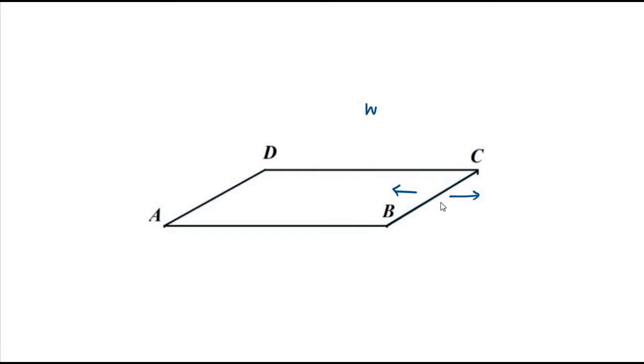This wire ABCD, with BC movable, is dipped in a soap solution, which will have surface tension.